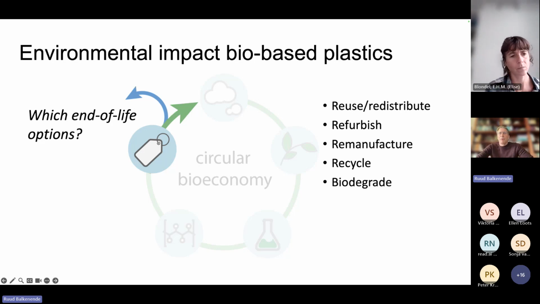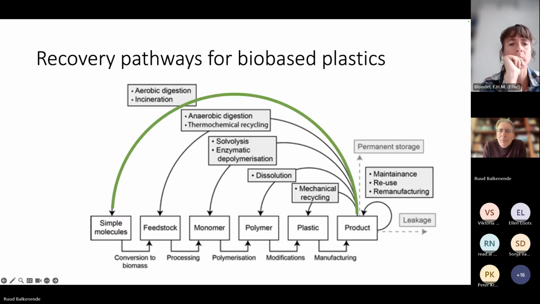The other area in which bio-based plastics are supposed to outperform petrochemical plastics is end of life. And considering all recovery pathways, I would first like to make clear that for bio-based plastics used in products, it's always beneficial to keep the product alive as long as possible, just as with all other products.